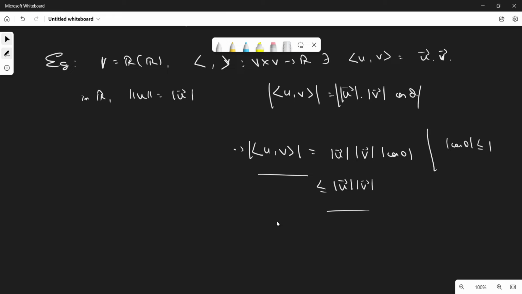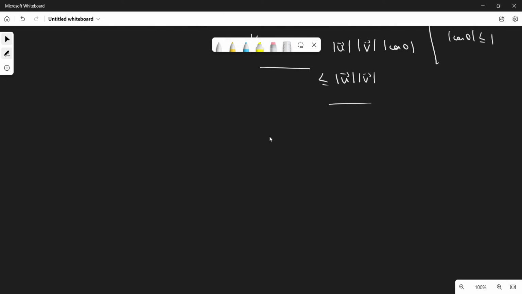So let us see the proof of the Cauchy-Schwarz inequality. Suppose the u vector is 0. So that implies the inner product of uv is equal to 0 as well.